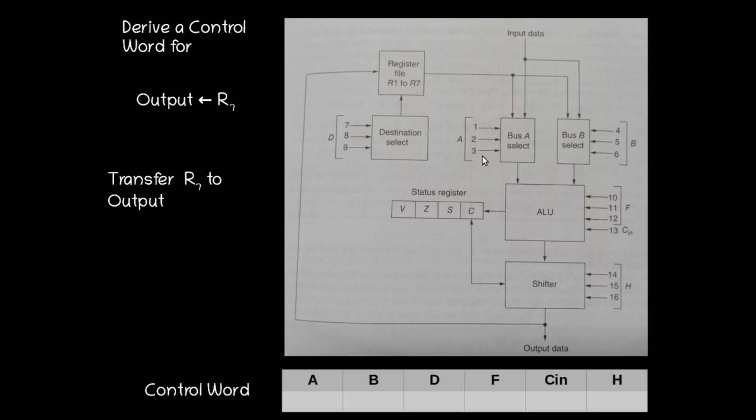We can give anything here, but we have to give 111, that is register R7. Then for the destination we have to select 000. That means if we give 000 here, no register will be selected and the output will go directly outside to the external output terminals.